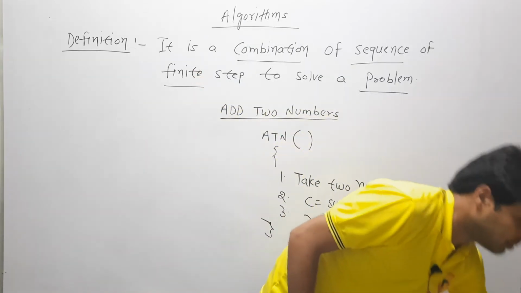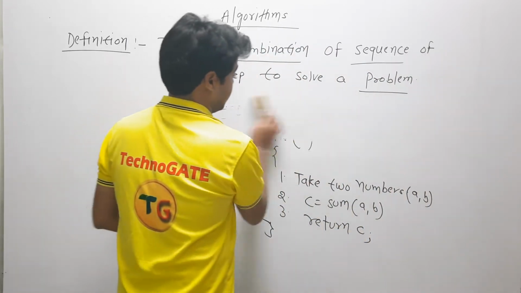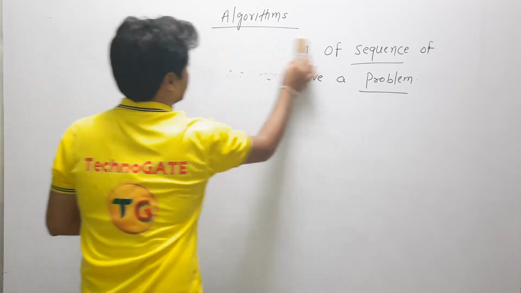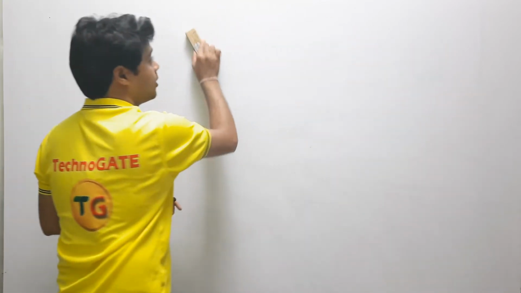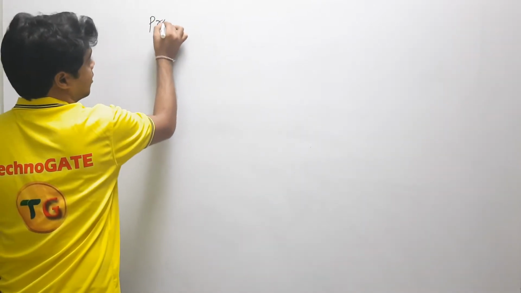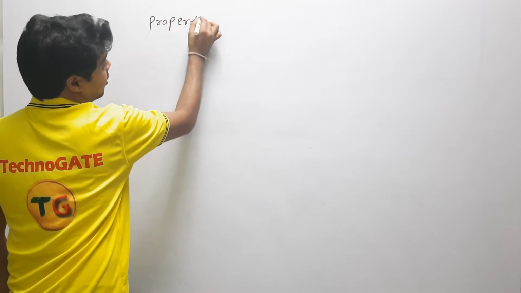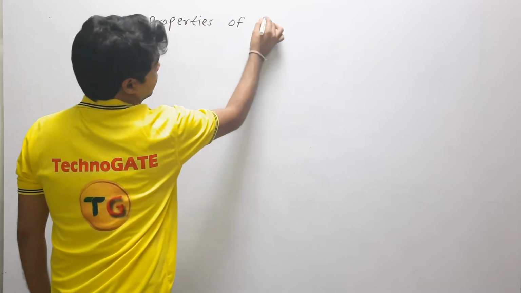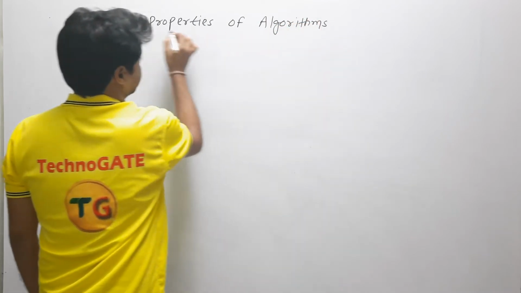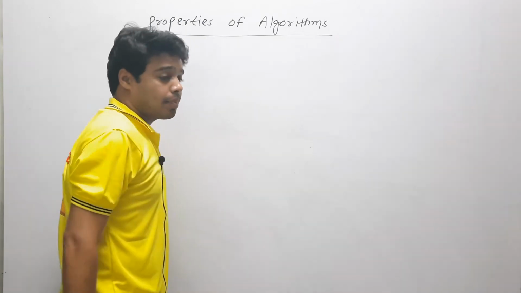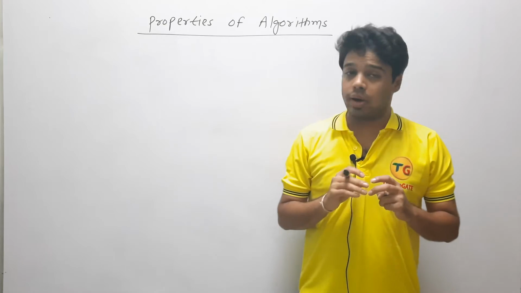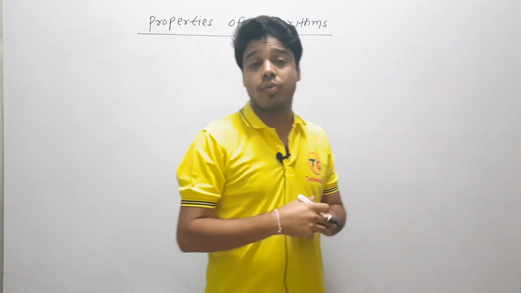So what are the properties we have to follow here? So the first one is it should take finite time. I already discussed that every algorithm must finish in finite time.